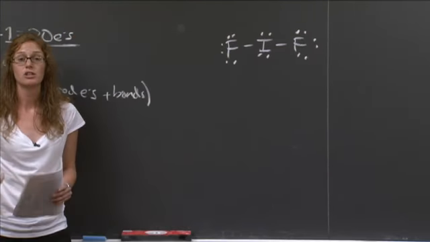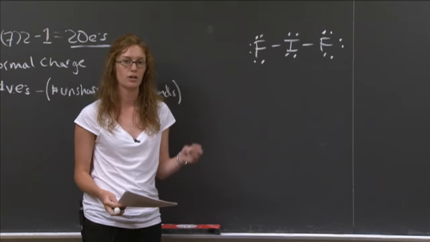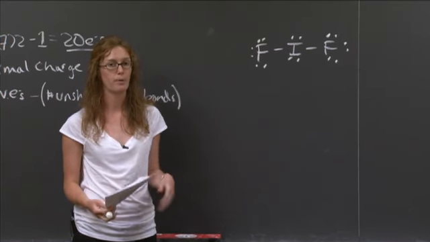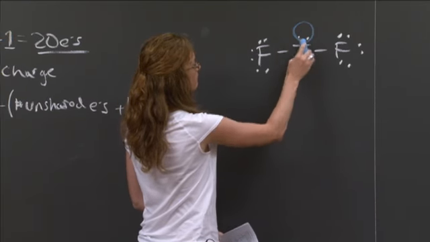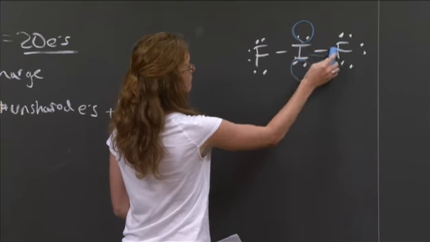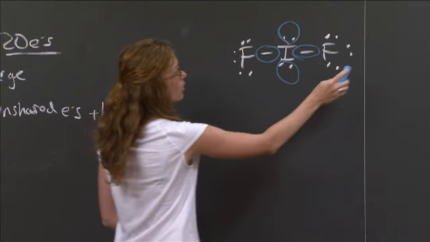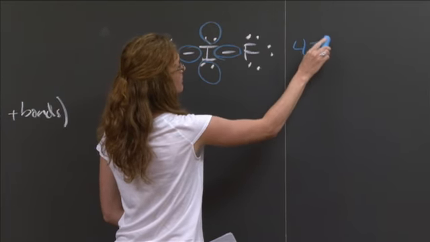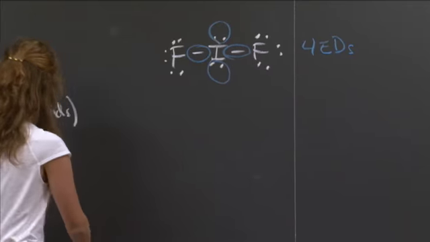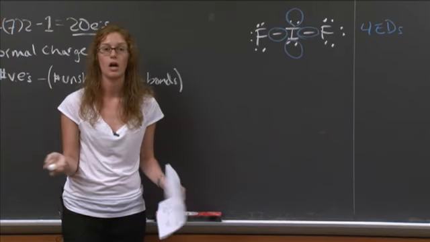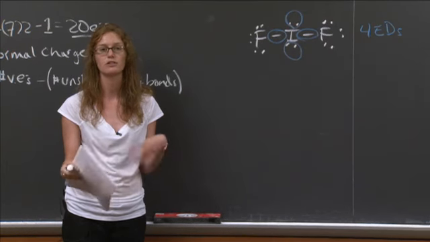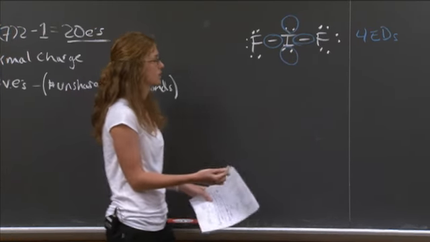And remember, an electron domain can be either an electron pair or a bond. So we see that iodine has 4 electron domains. And if we remember our skeletal geometry, we know that that's tetrahedral.